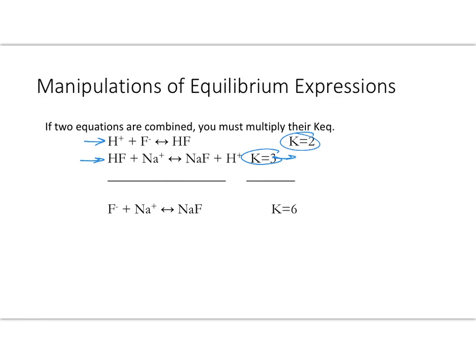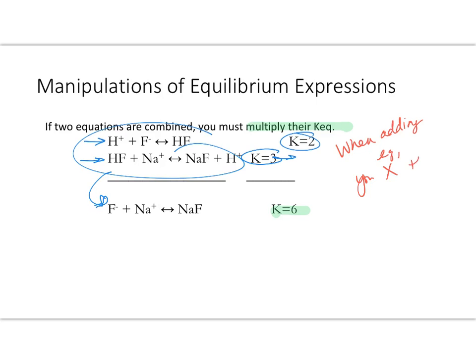When we combine those equations and add them together to get an overall equation, we find the product of the K values. So when adding equations, you multiply the K values.